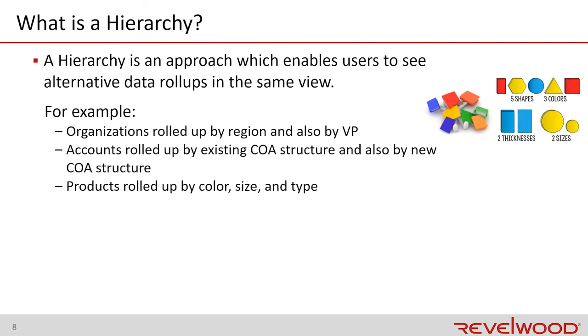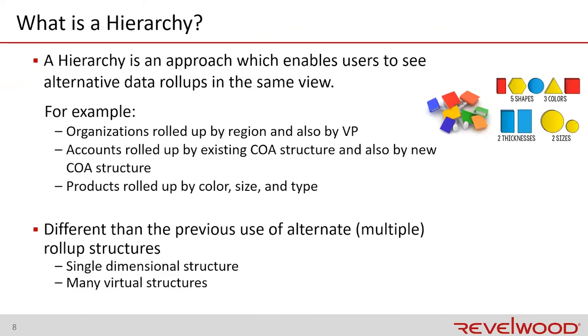The example that is probably easiest to understand is something like products, which can roll up by color, by size, by type, by any other attribute of the product. So how is it different than the idea of alternate roll-up structures within a single dimension?